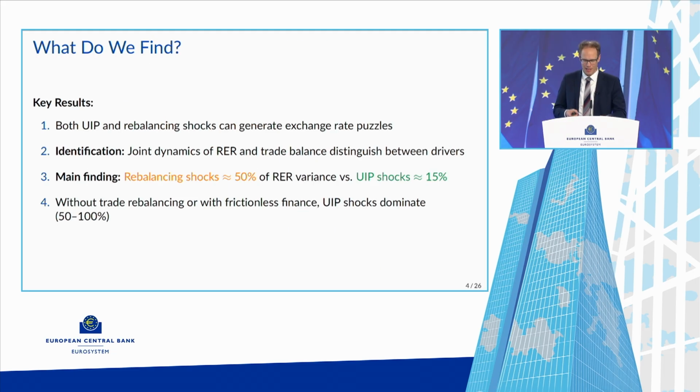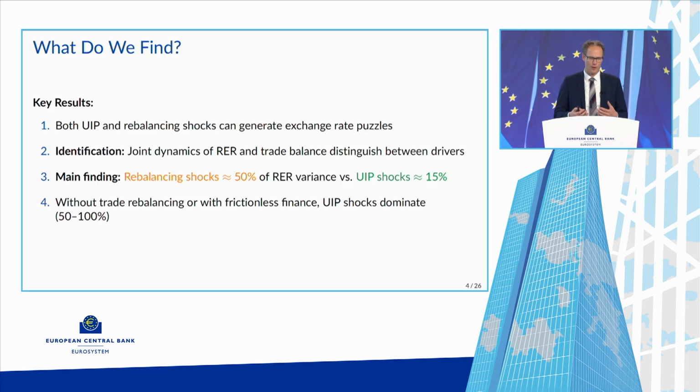So what are the key findings within this setup? Not surprisingly, both the UIP shock, which was by construction in the previous literature, but also the rebalancing shock, I'm going to argue, can address these various puzzles. They speak in a meaningful way to the puzzles out there: the forward premium puzzle, the Backus-Smith puzzle, the exchange rate volatility puzzle.